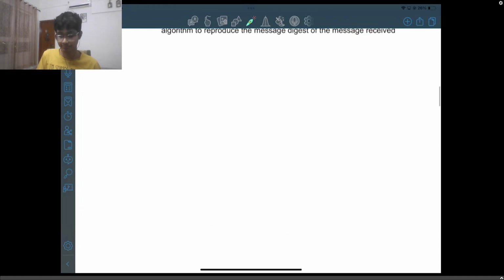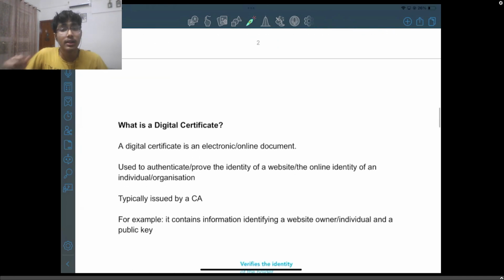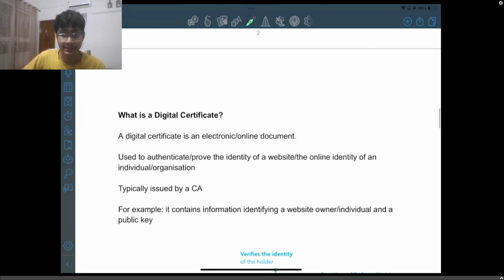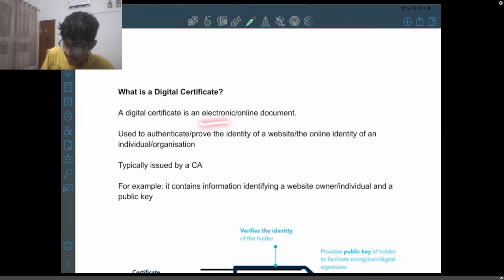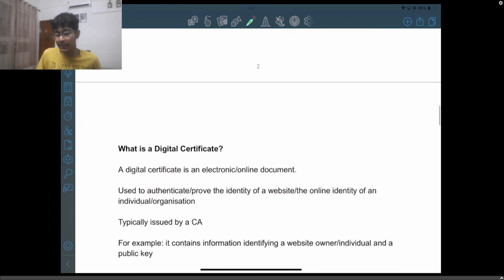Now, more importantly, related to websites, we have digital certificates. A digital certificate is an electronic online document that's used to authenticate the identity of a website or an organization. So imagine I am going to, let's say, Amazon.